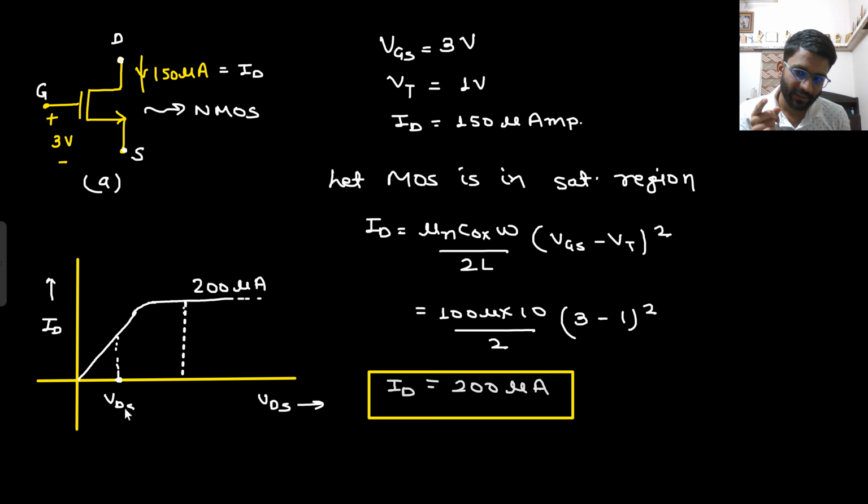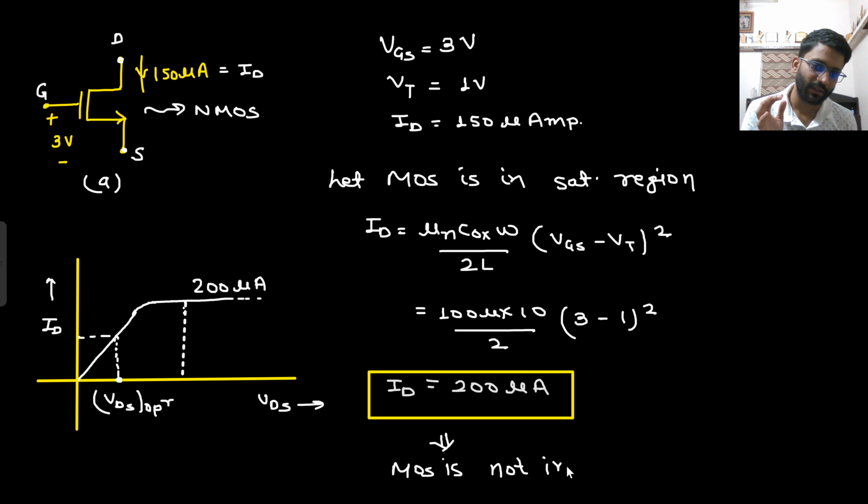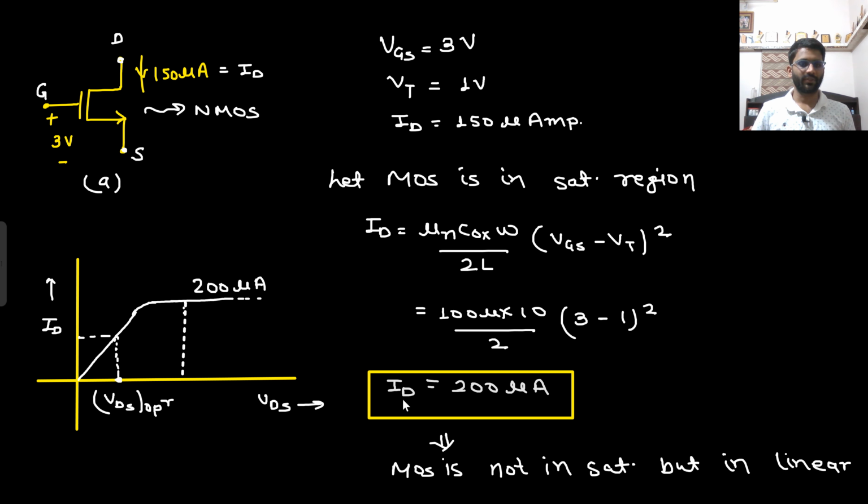This is your VDS operating, meaning the point at which this transistor is operating. So what is that region? Linear region. So here you can say MOS is not in saturation but in linear. Did you understand this question?